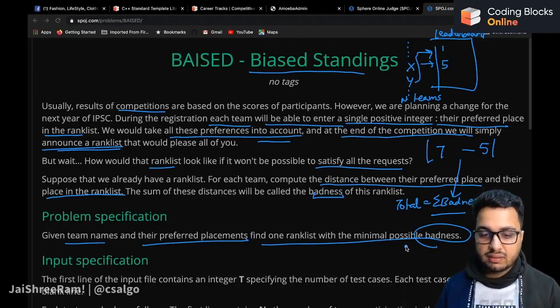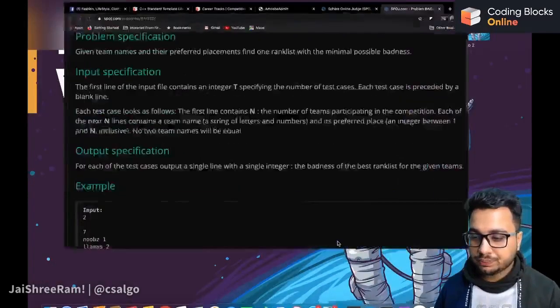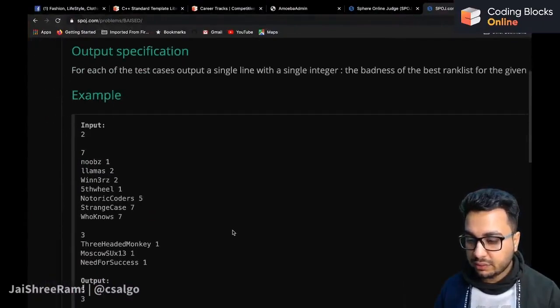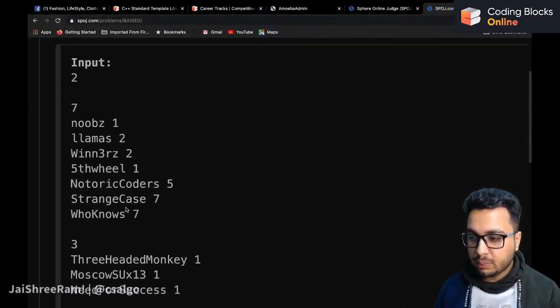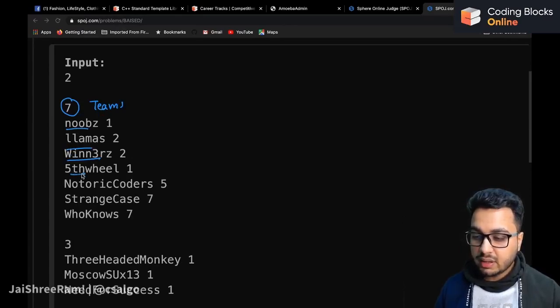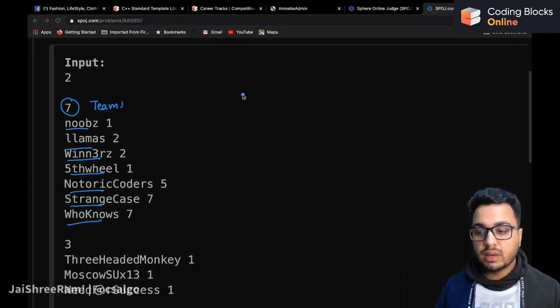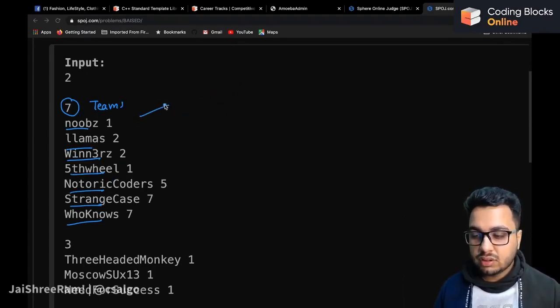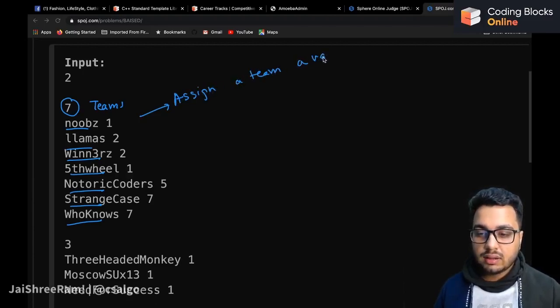So let us see one example to see this further. For example, there are two test cases, and in the first test case there are 7 teams, and these are the team names and these are the expected ranks. If we want to minimize the total badness, we should assign a team the rank that is closest available.